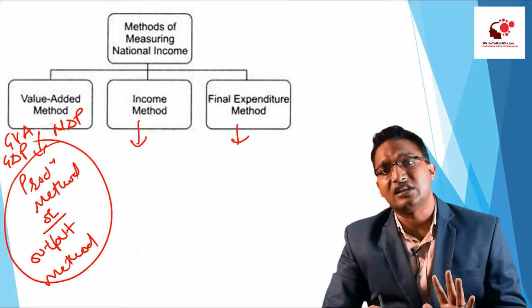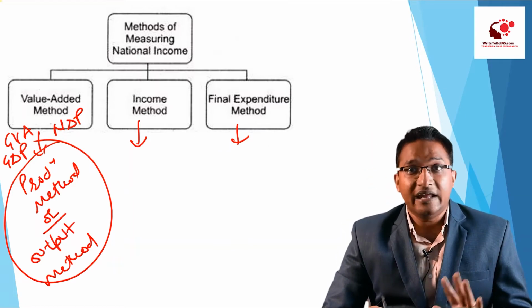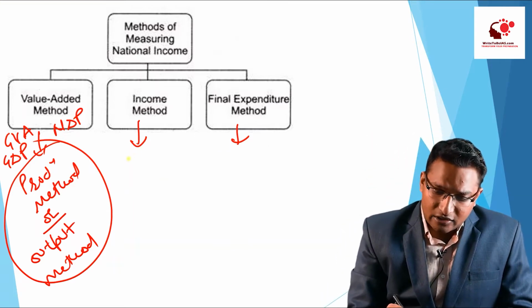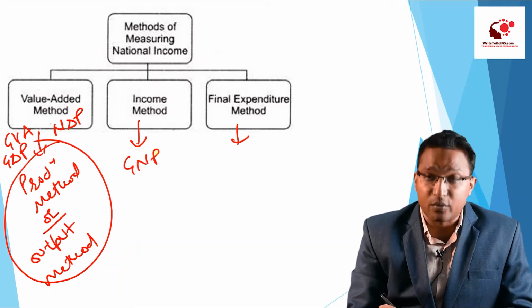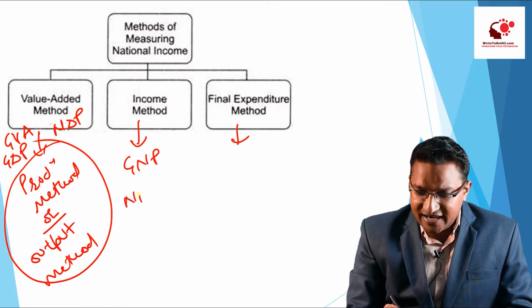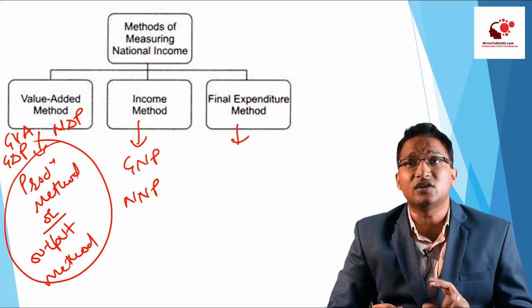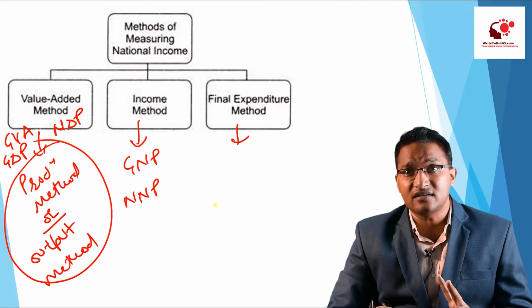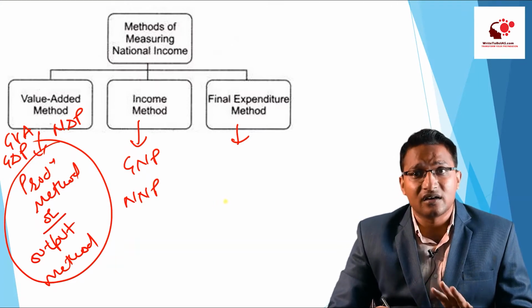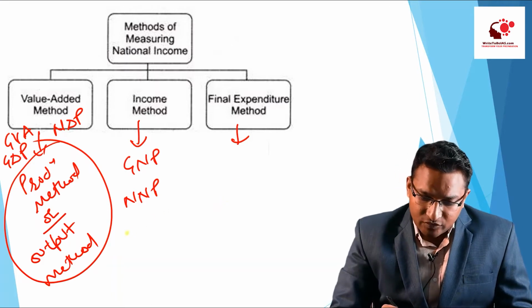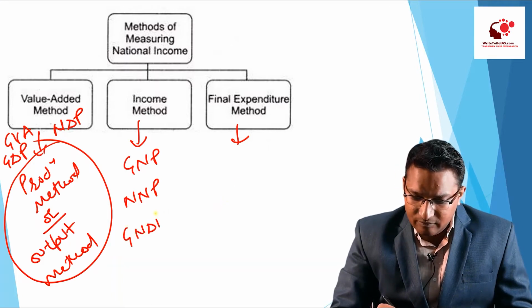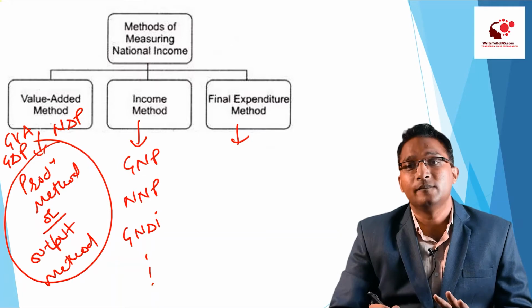These are the major three indicators in the value added method. In the income method, it includes GNP, gross national product, NNP, net national product. These are the two major indicators. Apart from that, there are other indicators also. For example, gross national disposable income and so on, right?